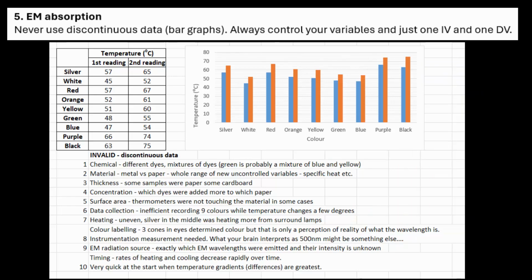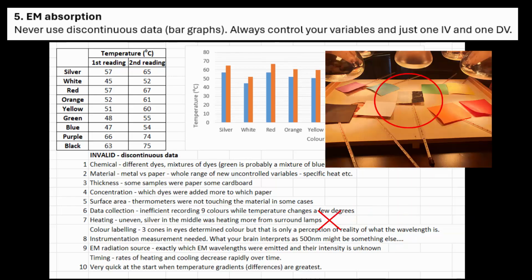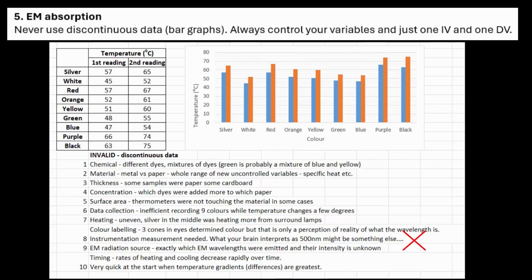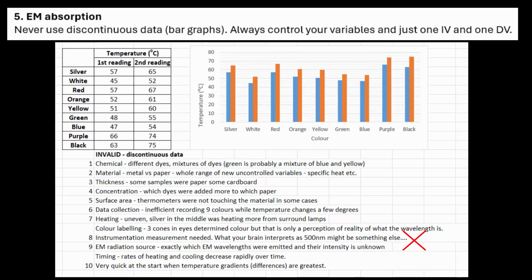The heating is uneven. The silver one in the middle is getting heated from all four lamps surrounding it. Even your perception of reality is questionable. You've only got 3 cones in your eyes to determine what color is. So if you think that it's a 500 nanometer red or whatever that one is, it could actually be a couple of different wavelengths, and your brain has interpreted that to be red.